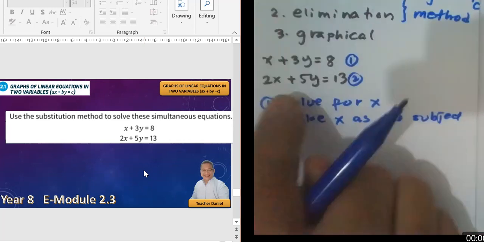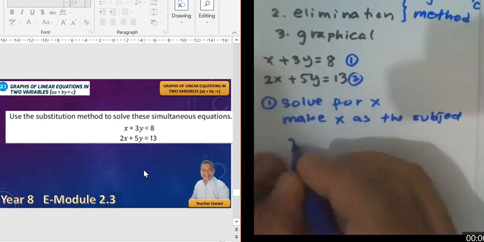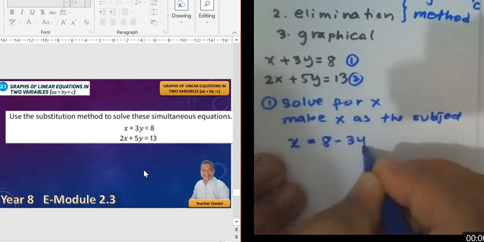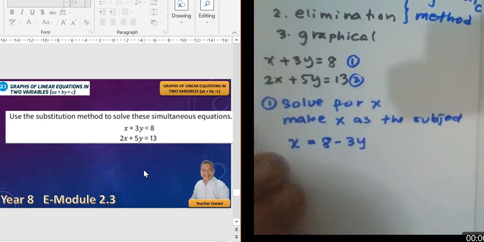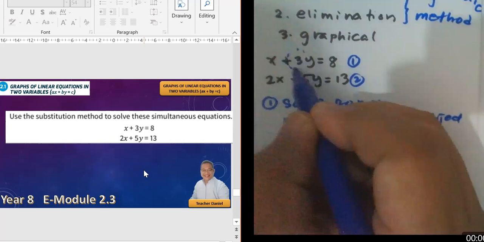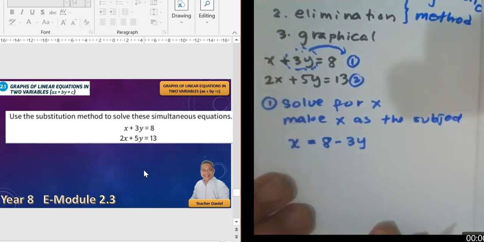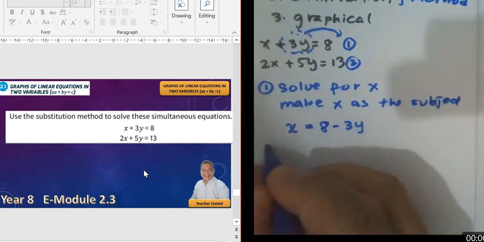So we have x is equal to 8 minus 3y. As you can see, I only transposed this to the other side. And what is now step number 2?